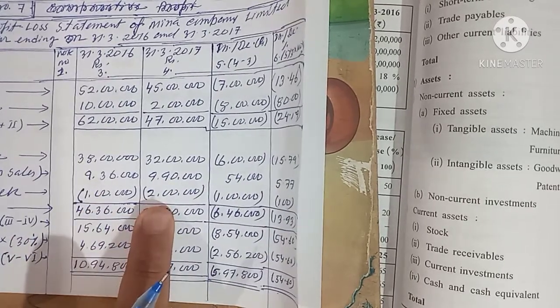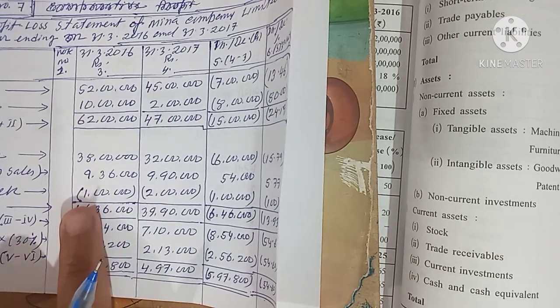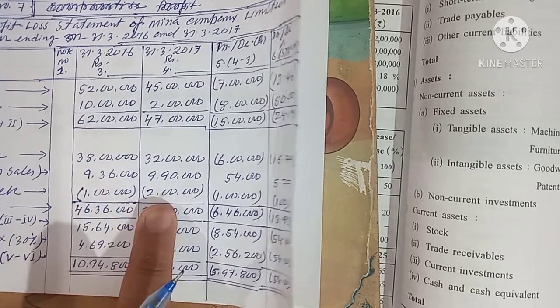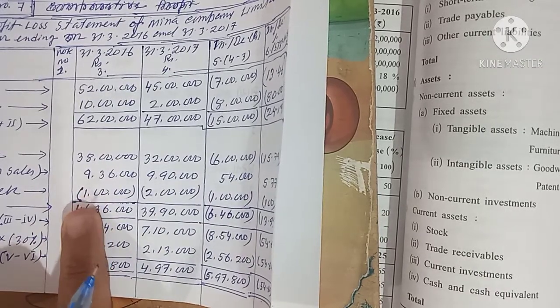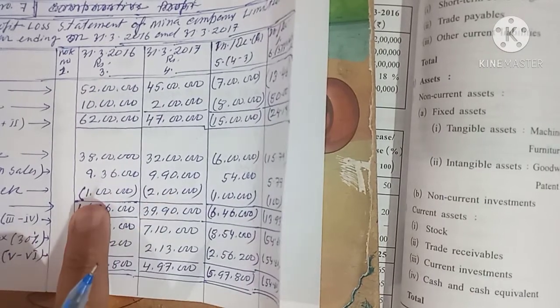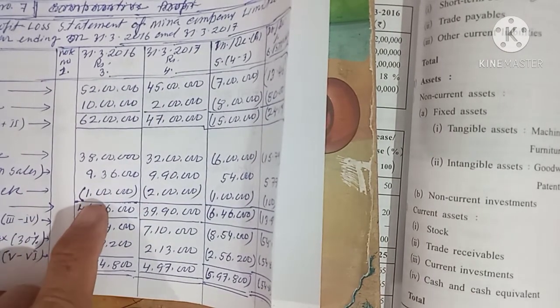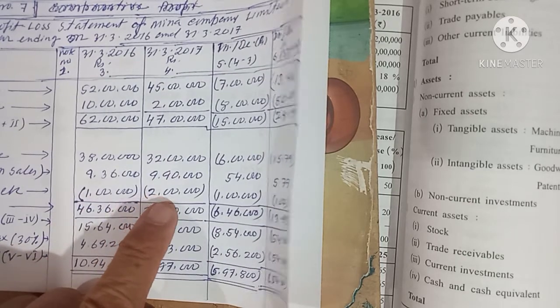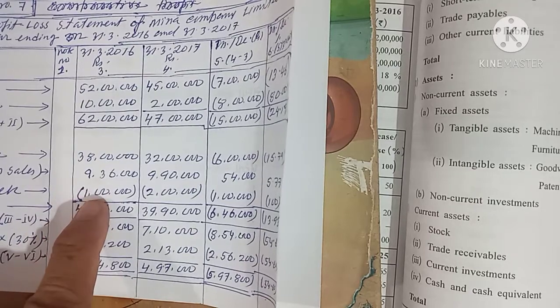Suppose here it is 4, 2, that is no, if it is coming suppose 5, then it is plus. Suppose 5 minus this is, if it is this minus is 1 and this minus is 2. 2 minus minus 1, that means it became plus.